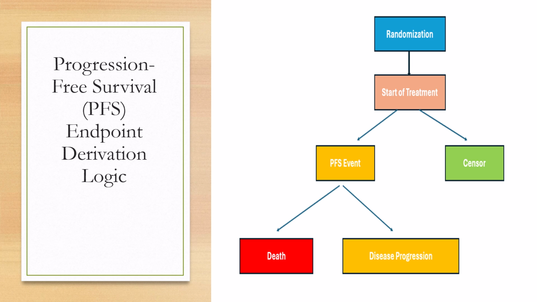The censor indicator, which is CNSR, is set to 1, and the patient's time to event is calculated up to the last date the patient was known to be progression free. An example is one we have discussed earlier: a patient is progression free for 12 months but drops out of the study at that point. In that case, the PFS for that patient is considered 12 months and they are censored at 12 months.